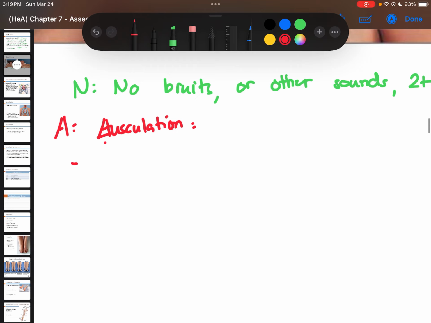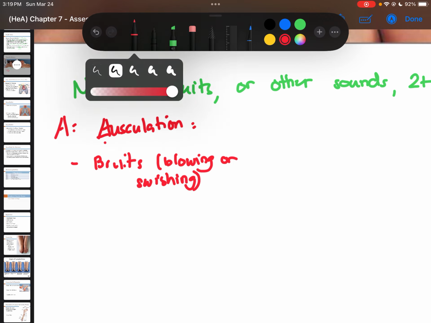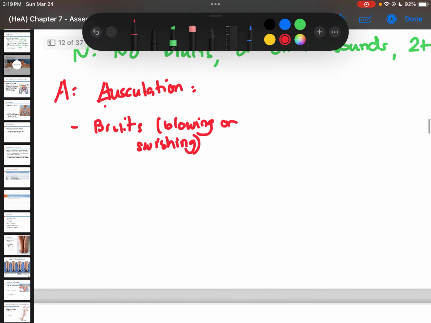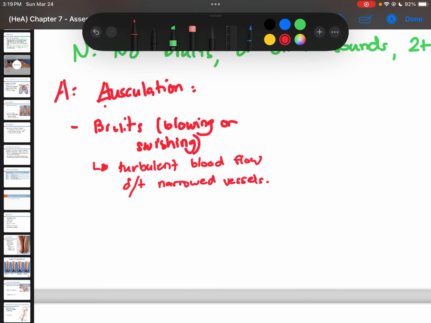Abnormal findings for auscultation include what we call bruit. Bruits are blowing or swishing sounds. These are caused by turbulent blood flow due to narrowed vessels.